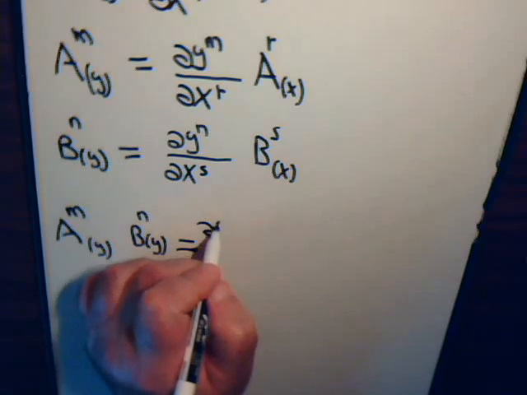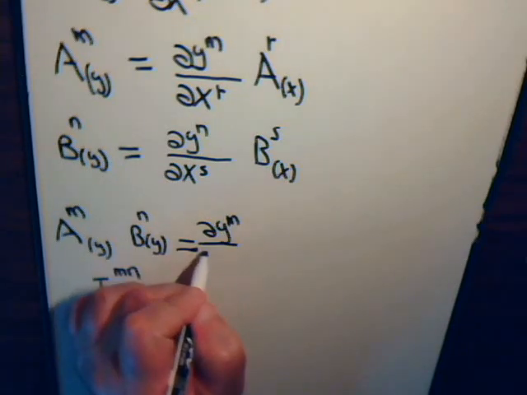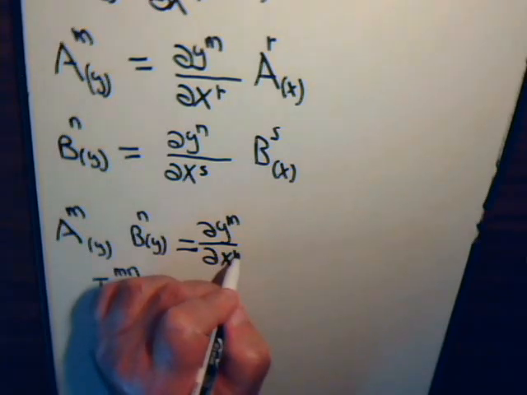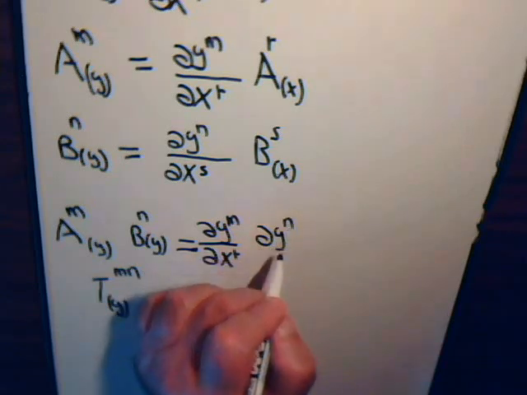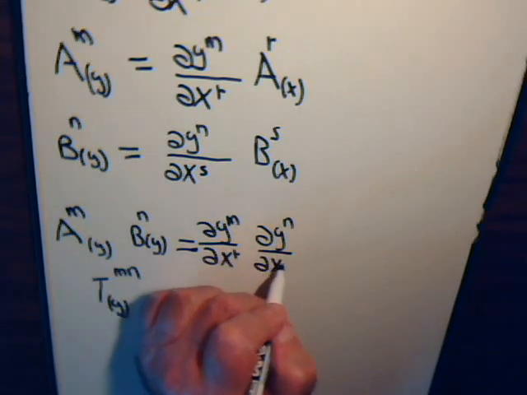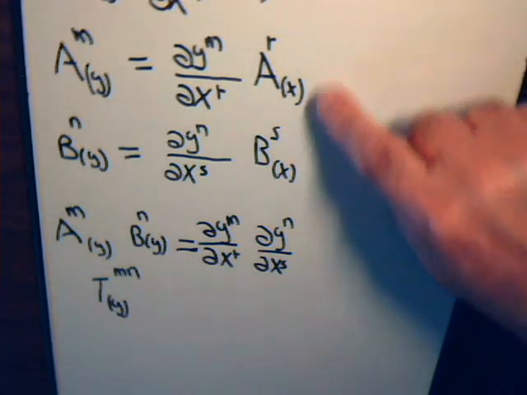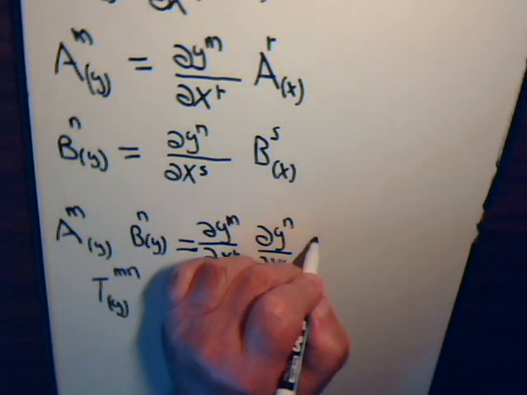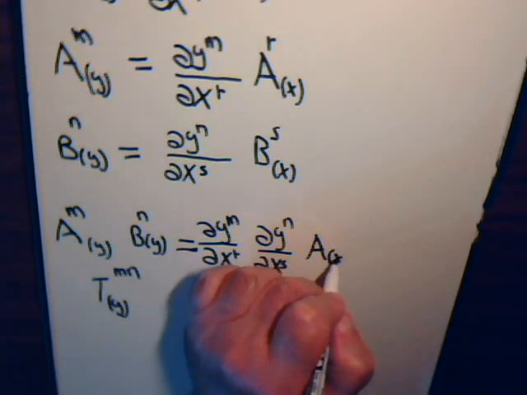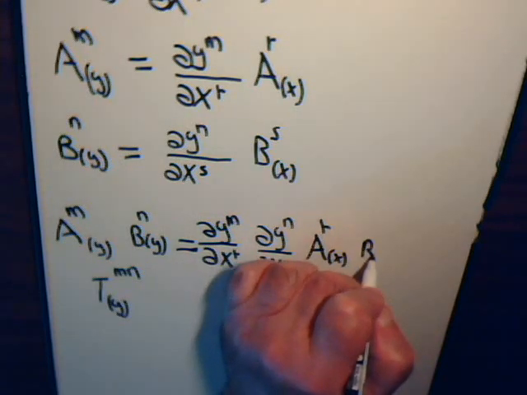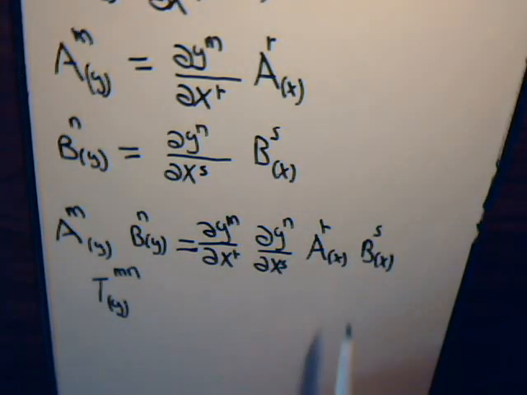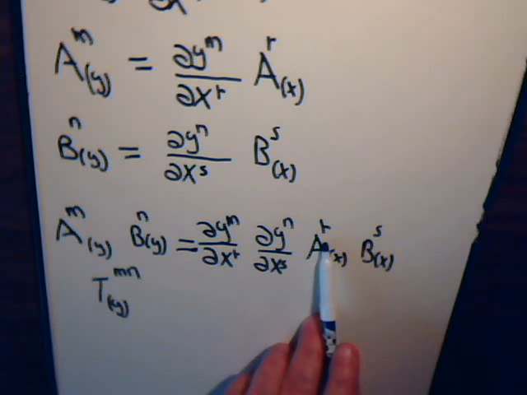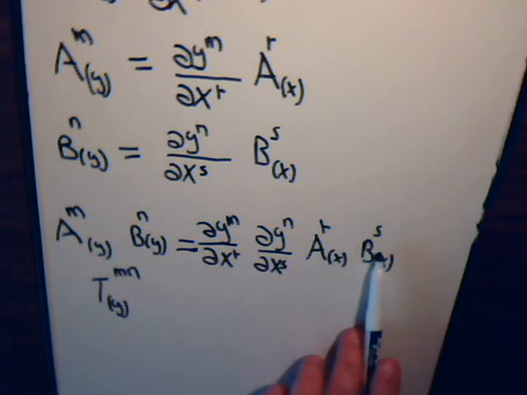So we have the partial of y with respect to m, partial of x with respect to r times this, the partial of y, and partial of x, s, and then we have this times this. And here, again, this has d number of components, this has d number of components, and we're multiplying those components together.